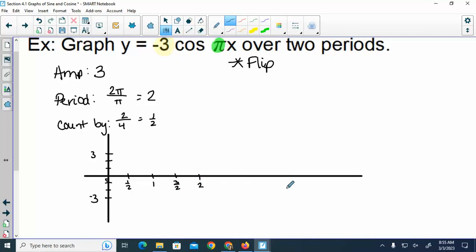Plus 1/2 is 2. The graph of cosine starts at its high point, which is 3. However, this graph flips, so we're going to start at negative 3. And then we're just bouncing back and forth between the lowest, 0, and the highest.